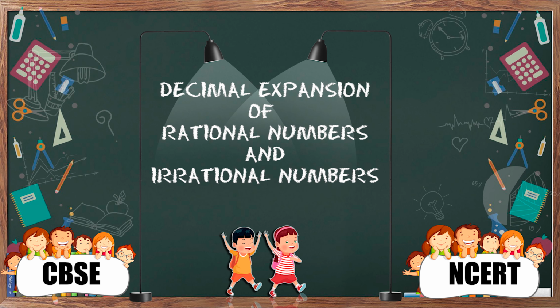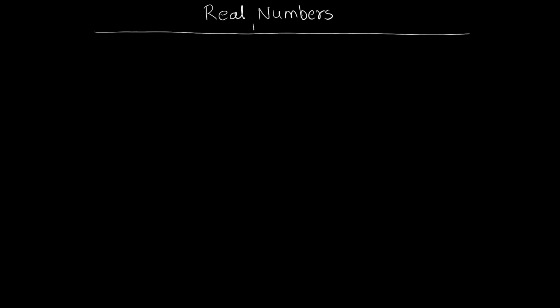The decimal expansion of rational numbers and irrational numbers. So first of all, look at this classification. We know real numbers can be classified into two categories, that is with decimal, the numbers which are having decimal expansions, and without decimal, the numbers without decimal expansions.